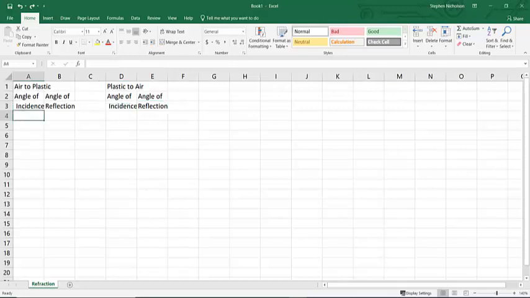So the first thing I'm going to do is fill out this column, which goes from 0 to 85. Now we may truncate this after we look at the data, but for right now we're going to look at all the data. So we go 0, 5, and then we can automatically fill it in by highlighting these two cells and dragging it down.